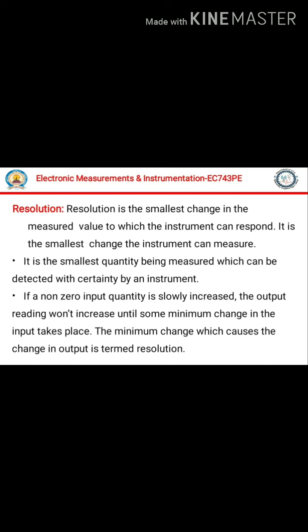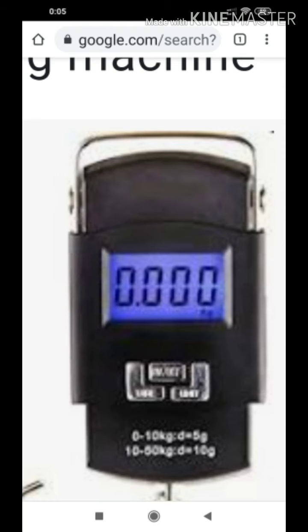If you take a one kilo weight, the minimum weight which you are going to measure, as we discussed just now, is 1 milligram. So every 1 milligram, then another milligram, 2 milligram, you can measure. In between 1 and 2 milligram you cannot measure anything here. Either you can measure 1 milligram or 2 milligram. So the smallest quantity or smallest response of the system which you can measure is its resolution.